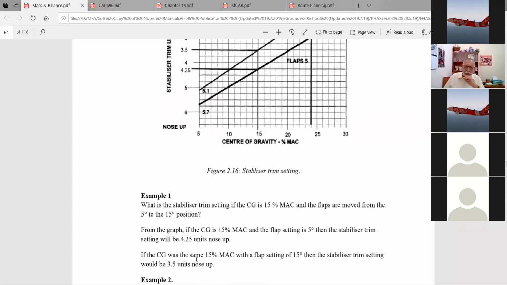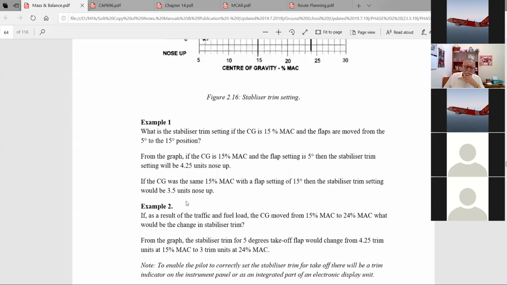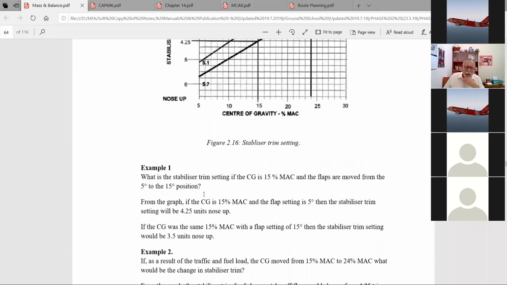So what's happening over here? If the CG at 15% and flap setting is 5 degrees, then the stabilizer trim setting is 4.25 nose up. If the CG is 15% and flap 15, then the stabilizer trim setting would be 3.5 nose up.